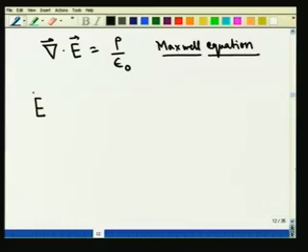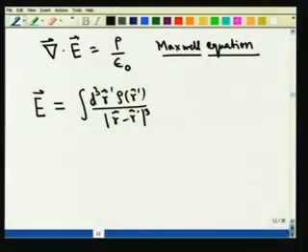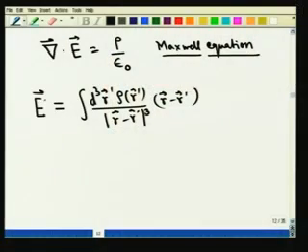And what does it say? It says the expression for the electric field due to a charge density rho is nothing but the integral of d cubed r prime rho of r prime, times r minus r prime over mod r minus r prime cubed. That is what we have. This is the electric field at any point r.